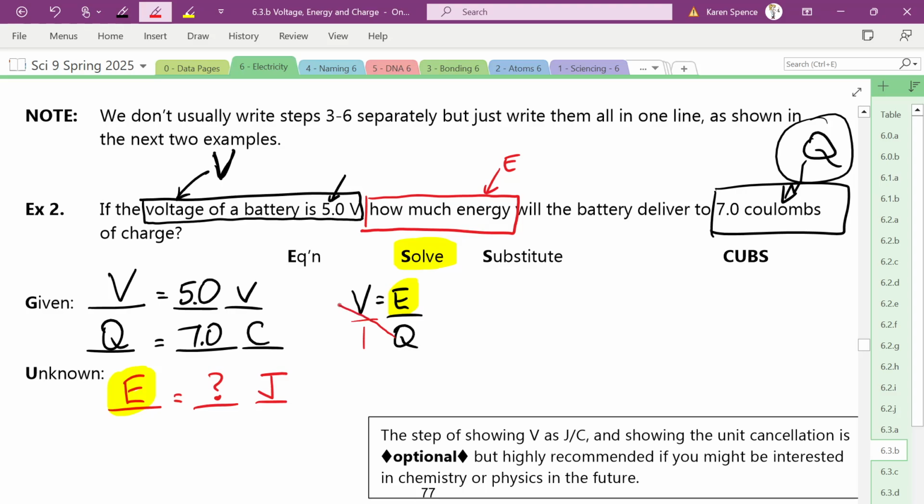Diagonally. It's going to move up to the other side. So we're now going to have QV equals E. And then we want it on the left, so that's going to be E, energy, is equal to Q, charge, times V, voltage.